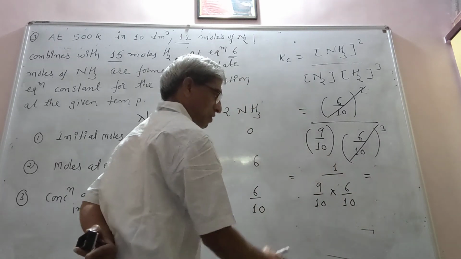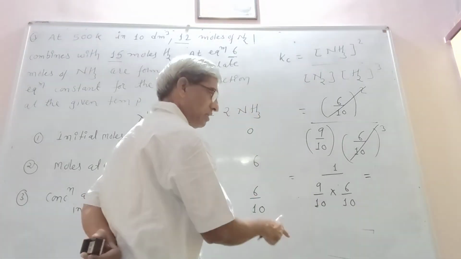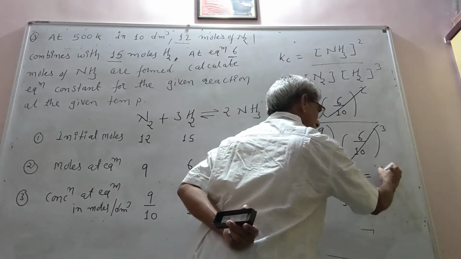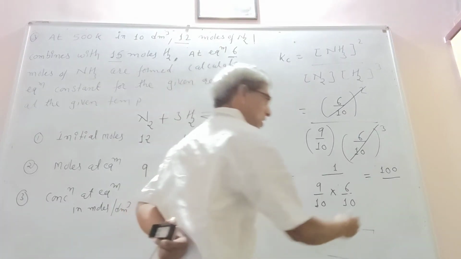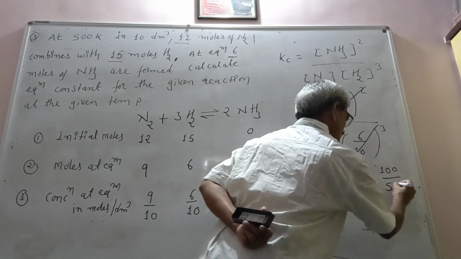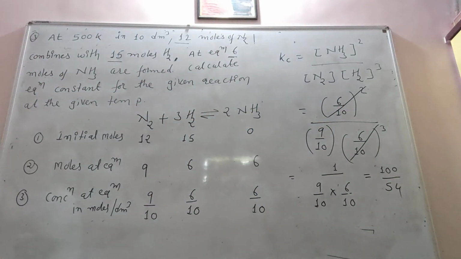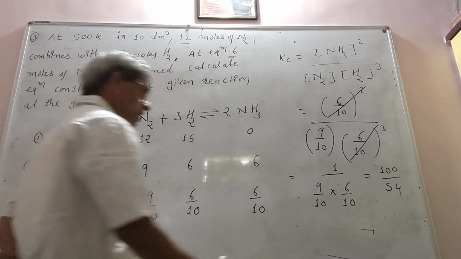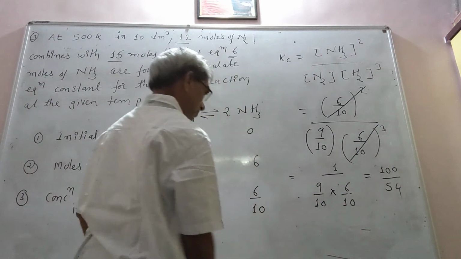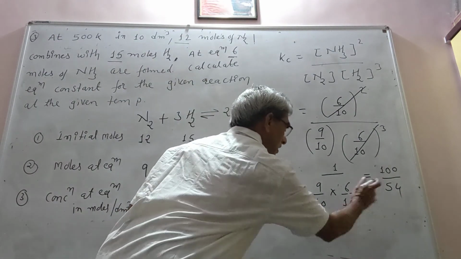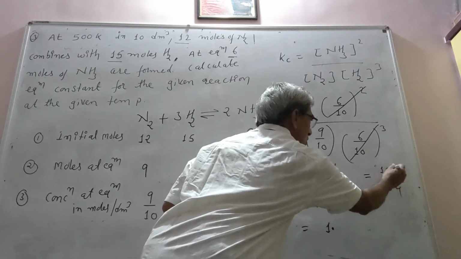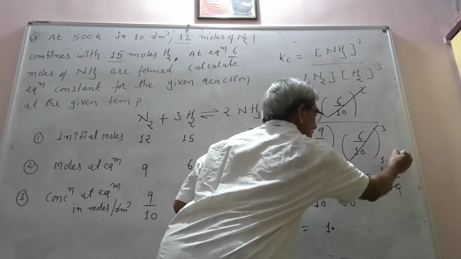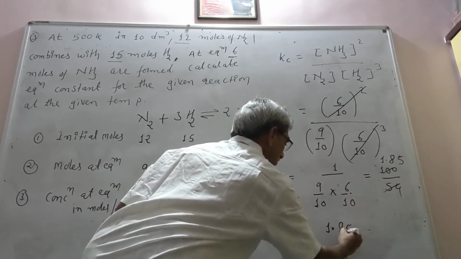This is exactly equal to 10 into 10, 100 becomes in the numerator 100, divided by 9 into 6, which means 54. 100 divided by 54, and therefore by calculating it is equal to 1.85.